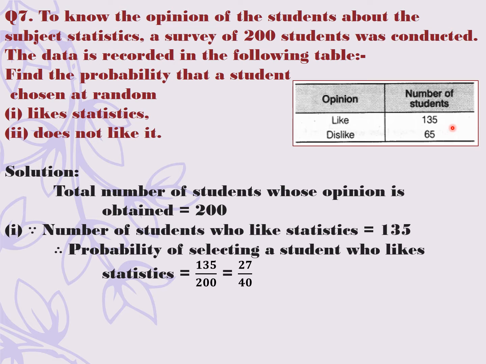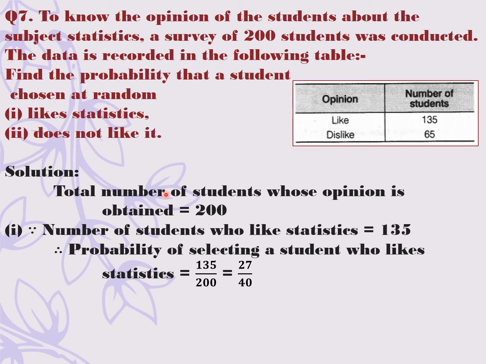Clearly from the table we can write that. Therefore, probability of selecting a student who likes statistics is equal to total number of students who like statistics by total number of students in all. Therefore, we are getting 135 by 200, which can be written as 27 by 40.